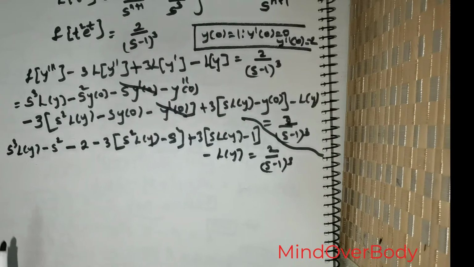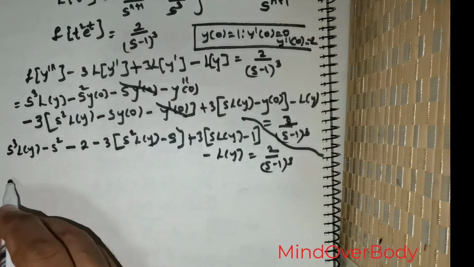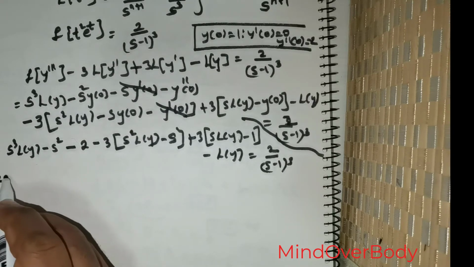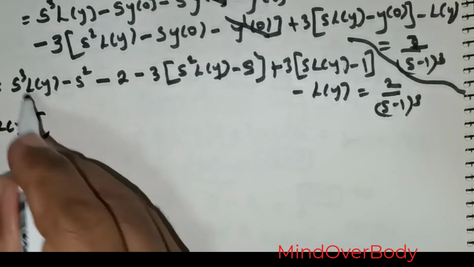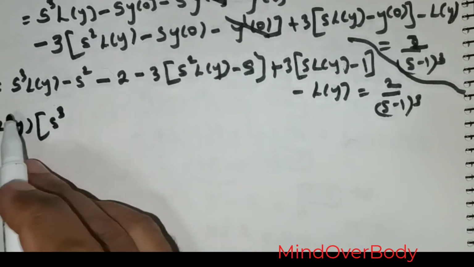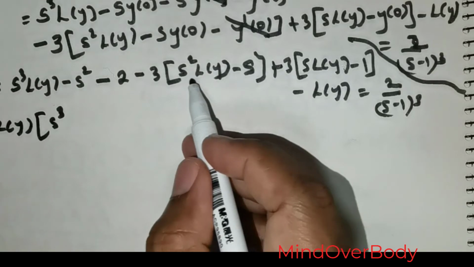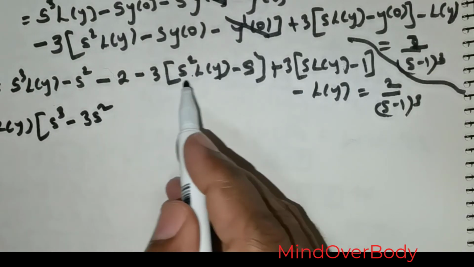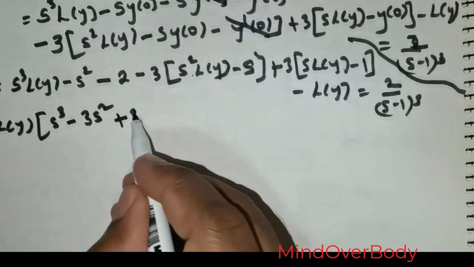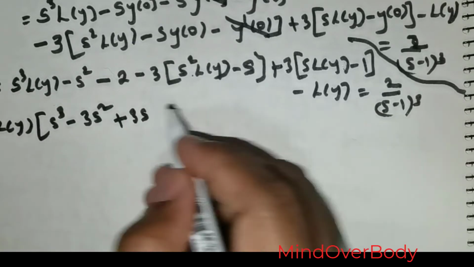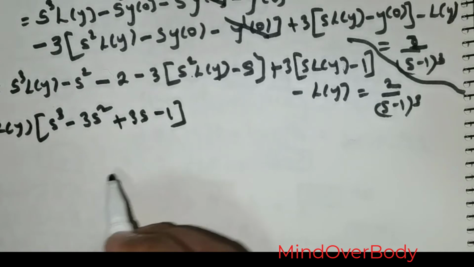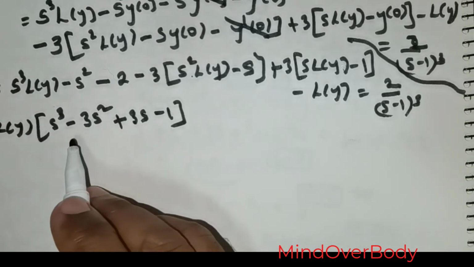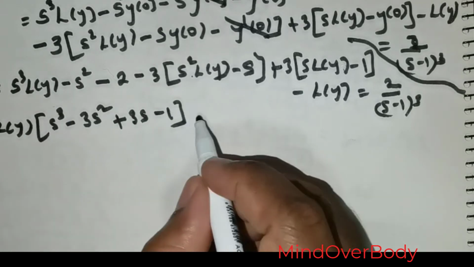So now I would like to take L of y out. If I take L of y out, I would get s cubed, followed by minus 3 times s squared, and then followed by 3 times s and minus 1. And I am being left with, so let me evaluate the quantities with s.